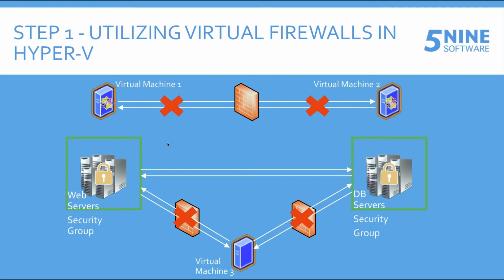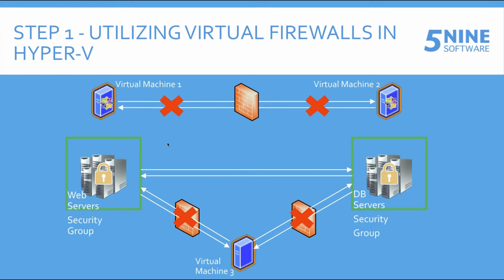Another common scenario with a virtual firewall would be to create application groups. So you say, okay, these are all my web servers, and these are my database servers, and the web servers can only talk to the database servers and only on, for example, these particular ports.